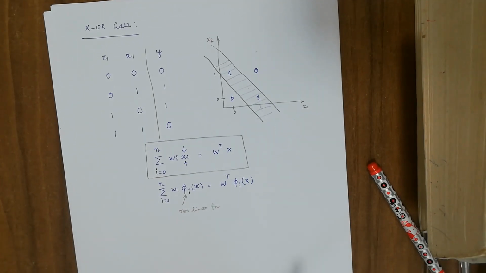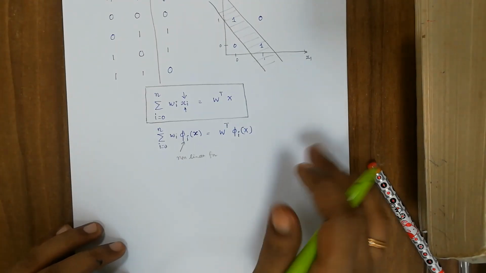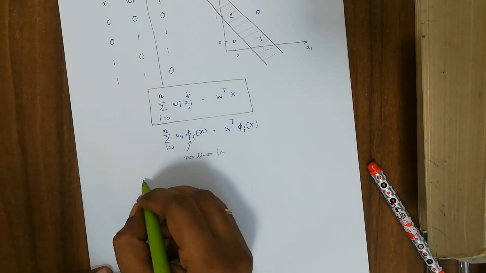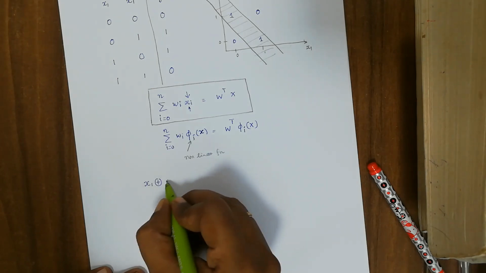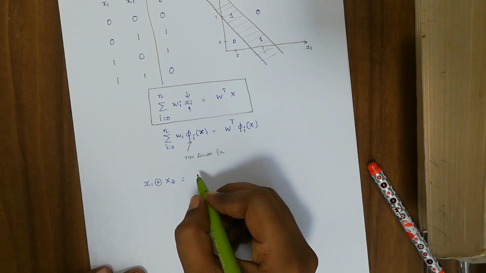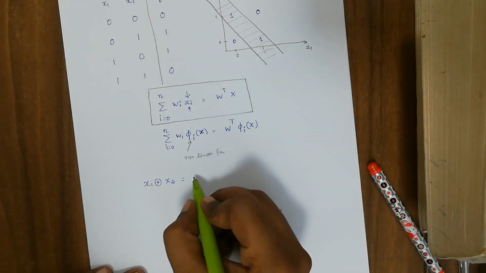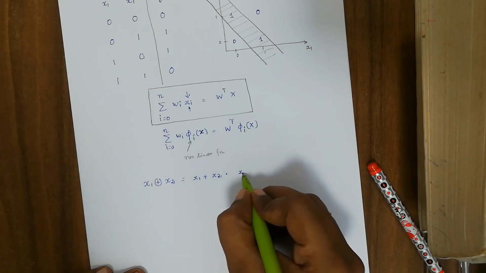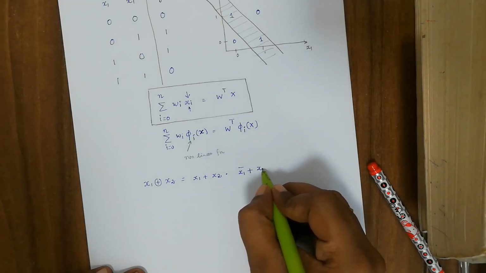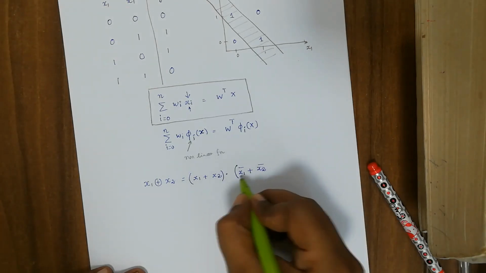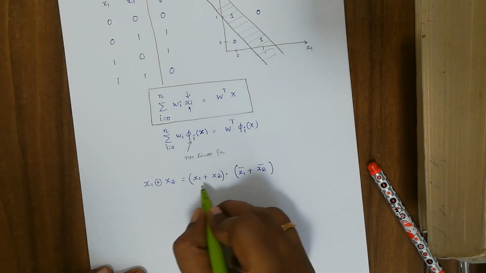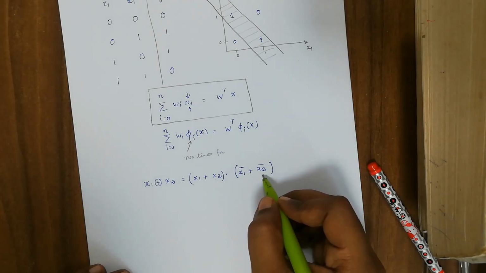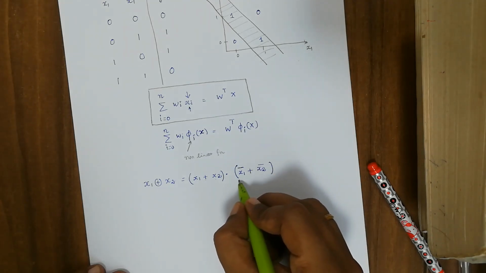Now for this XOR problem, from digital logic circuits we have seen that the XOR operation can be broken into several small components as follows: (x1 plus x2) multiplied by (x1 and x2 complemented together). The first part is x1 or x2, the OR operation, and the second part is the NAND operation.